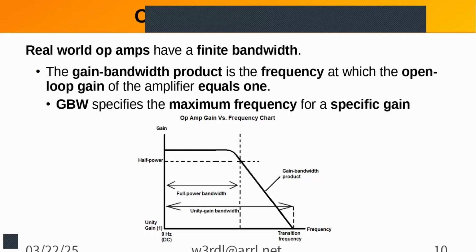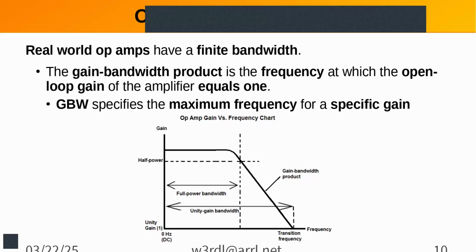That's the bandwidth product. So if I multiply that frequency times the gain, that's the gain bandwidth product. It's the same number because the gain was 1. 1 times the frequency.